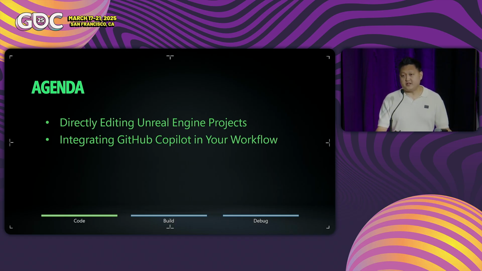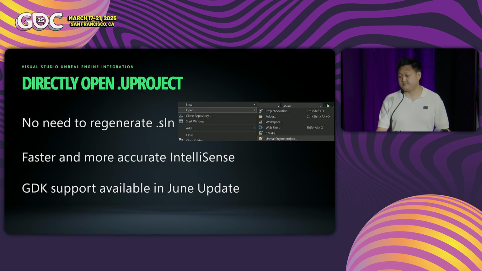To get started, let me share a little bit about what we've been working on for Unreal Engine integration. In the latest version of Visual Studio, you can now open Unreal Engine projects directly. So no more relying on VCXproj or the solution files that you're so used to.